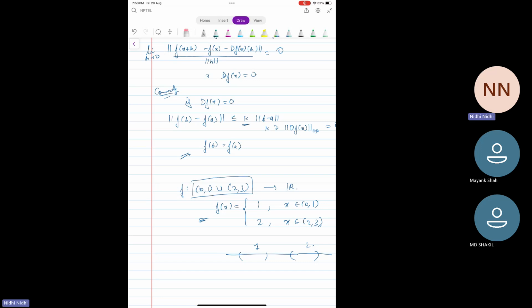It is using the mean value theorem. So are they using the inequality or the equality? Because in higher dimension we have inequality, and for one variable we have equality. That's the main difference, no?